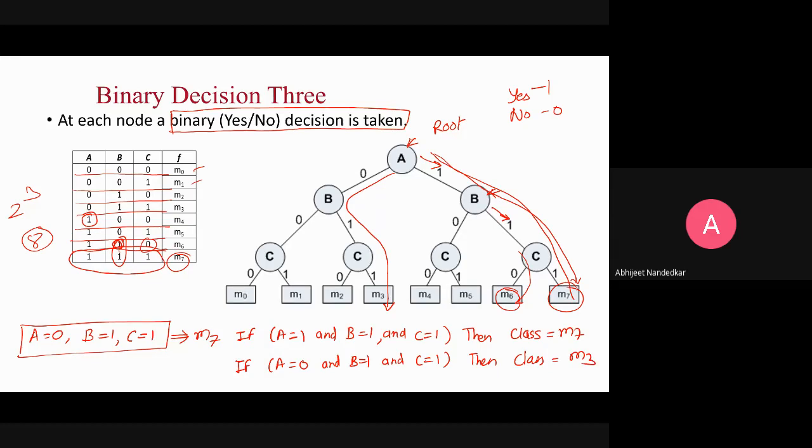Okay, so thing is that if you choose any path, it will give you one implementation of one rule. So here, if I take this branch, then it is saying A equal to 0 and B equal to 0 and say C equal to 0, then M is 0, that is class is 0. So I am implementing this rule here. Okay, so look, I hope you got the idea of a binary tree.